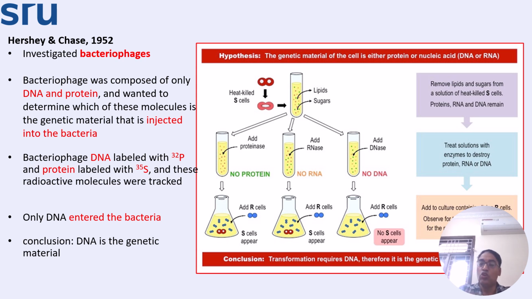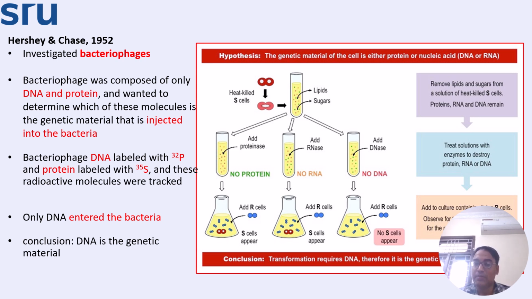To further validate it, they used more sophisticated enzymes rather than just heat, as the earlier experiments used just heat. So here they use proteinase, DNase, and RNase separately. When proteinase is added, no protein remains, yet S cells still appear, which are virulent.